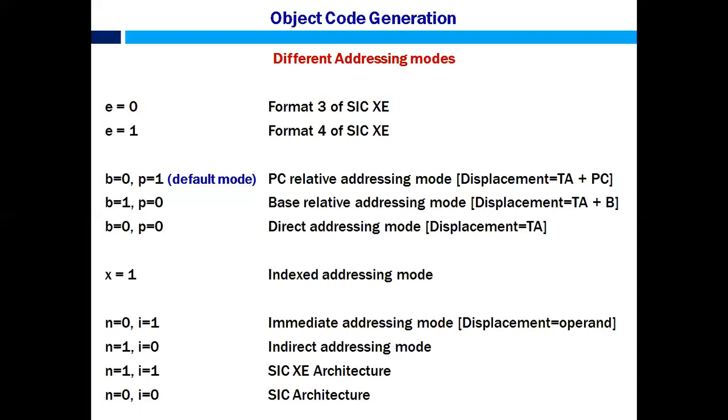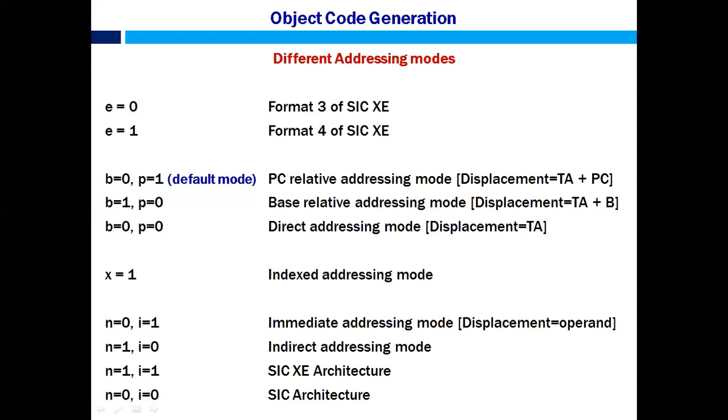Now format 3 and format 4 have memory in them, so that values can be loaded, accumulated, or moved from one memory location to another. Format 3 takes 3 bytes of memory, that means 24 bits.